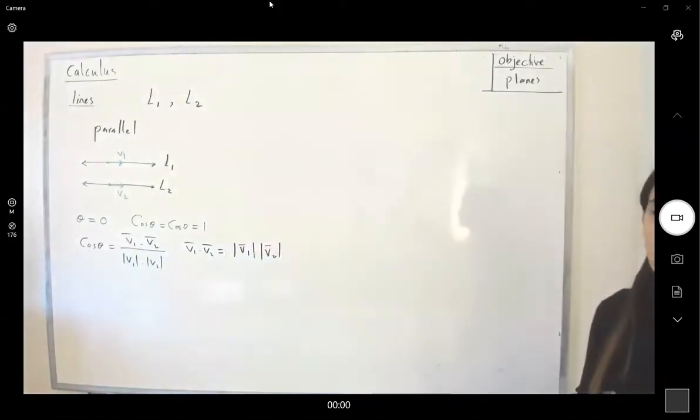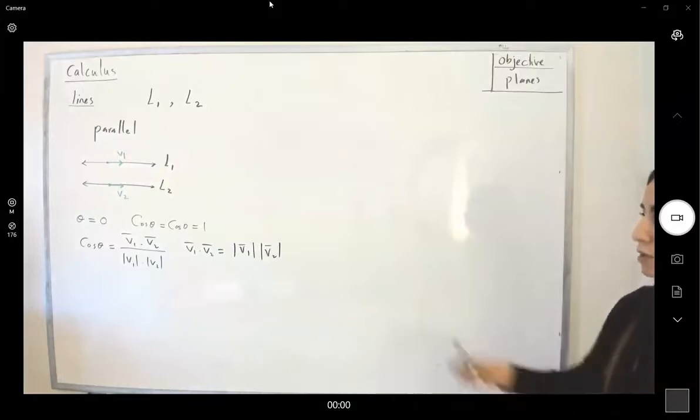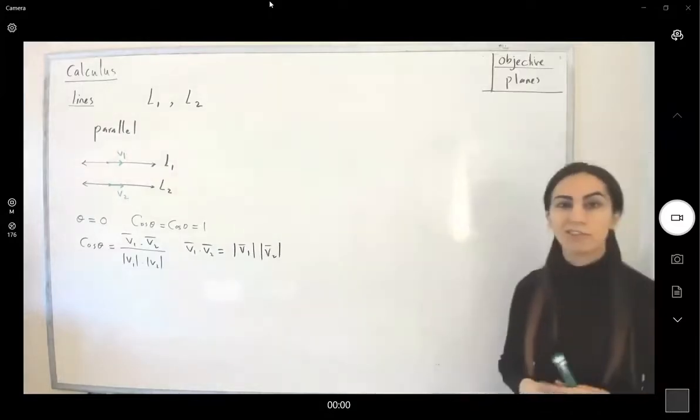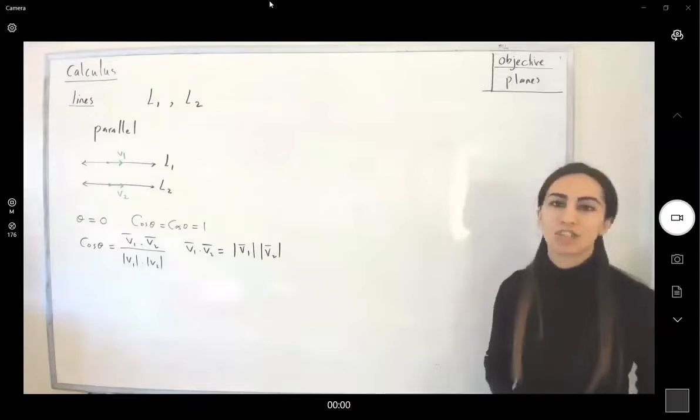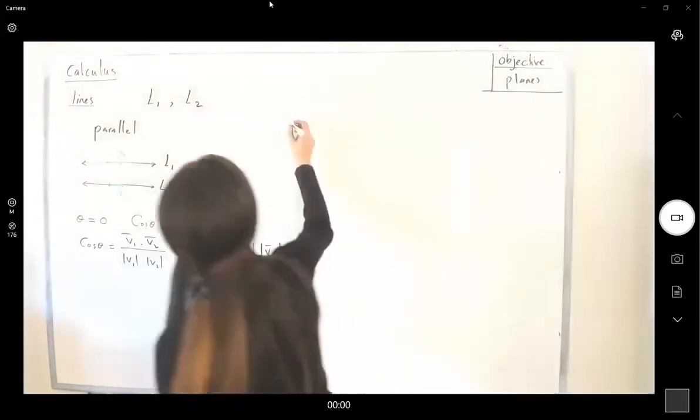The angle is 0 and cosine is equal to 1. This is the relation that you can find between these two vectors. They are scalar multiplications of each other, or they are intersecting.